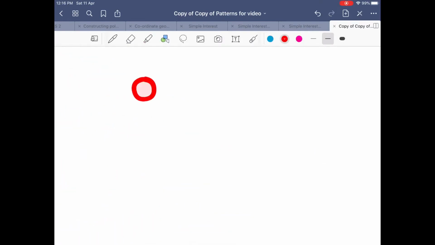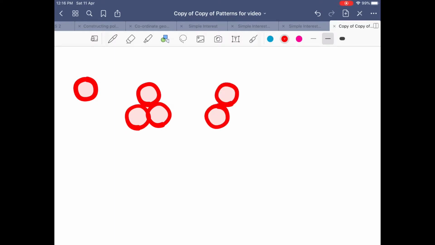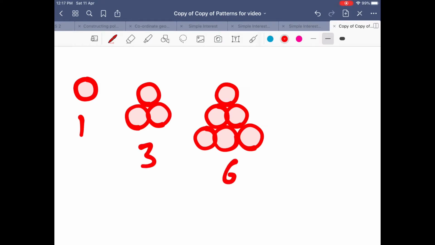So this is 1, this is 3, here we have 6. So what we are seeing is triangles are being formed using the balls, and the numbers are one circle here, or one item in the triangular shape. Here we have 3 items, here we have 6 items.